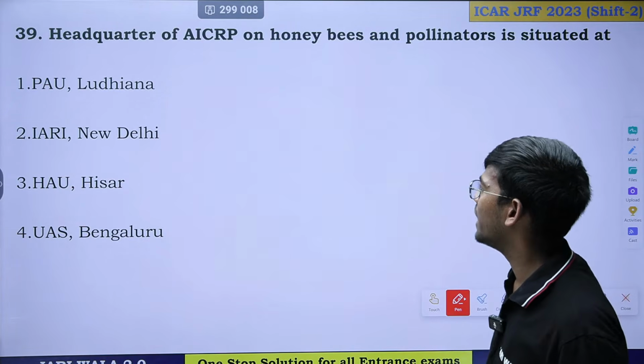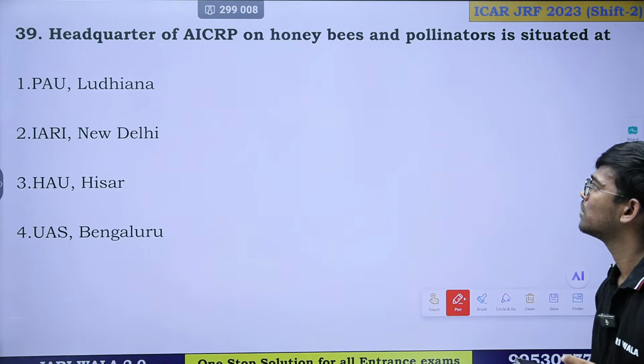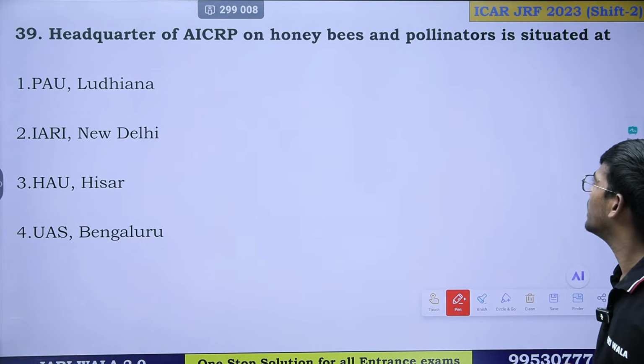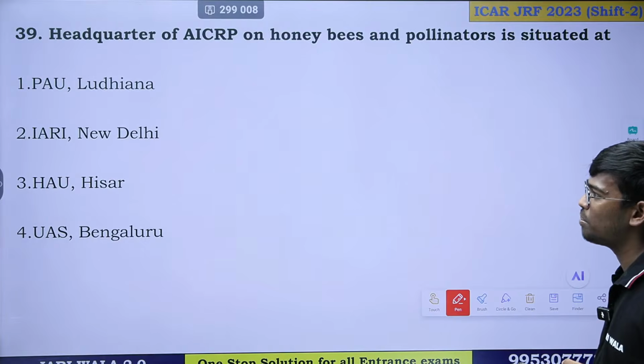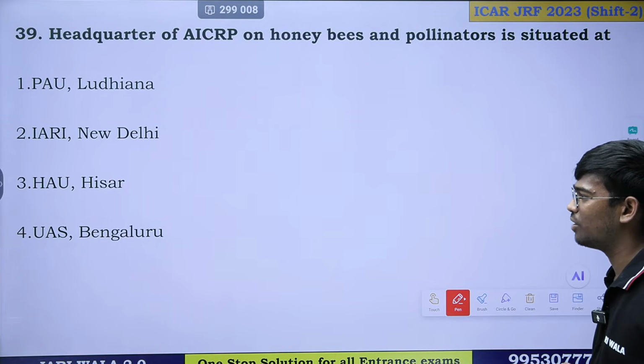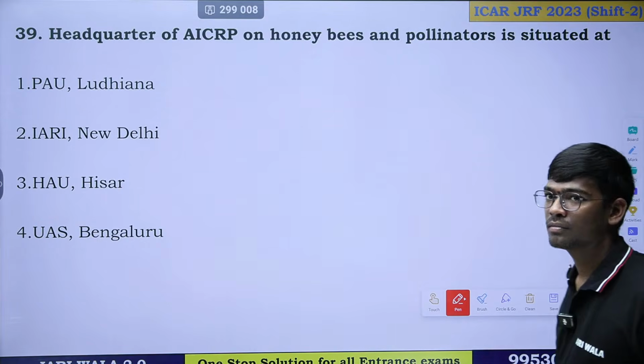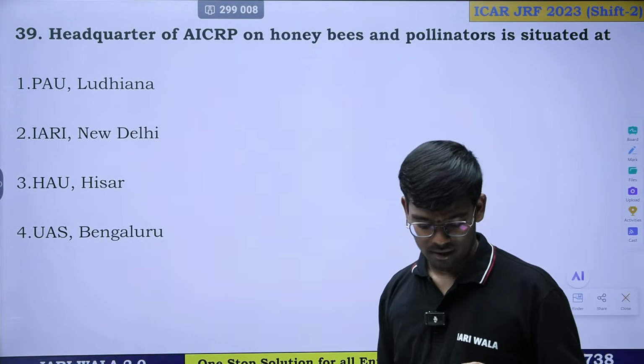Then the next one: the headquarters of AICRP on honeybees and pollinators is situated in Punjab Agricultural University, Ludhiana; IARI, New Delhi; Hisar; and Bangalore. Anyone?